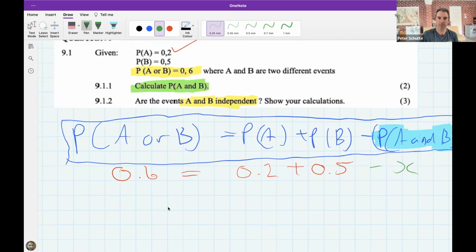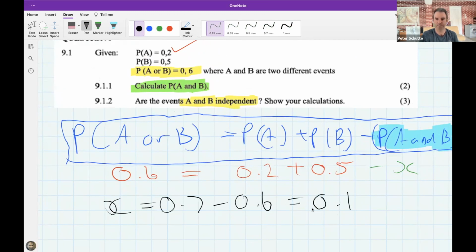For me, I suppose I could do the algebra. If I bring the X across, I get 0.7 minus 0.6, which is 0.1. So we know that the probability of A and B is 0.1.